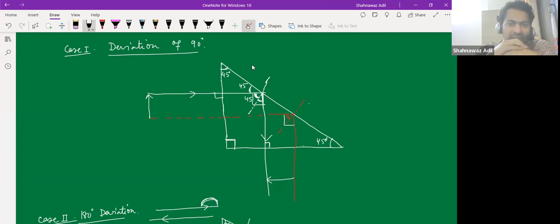So for 90 degree, the incoming rays should fall on these equal sides, right? And for the 180 degree, they should fall on that hypotenuse, normal.